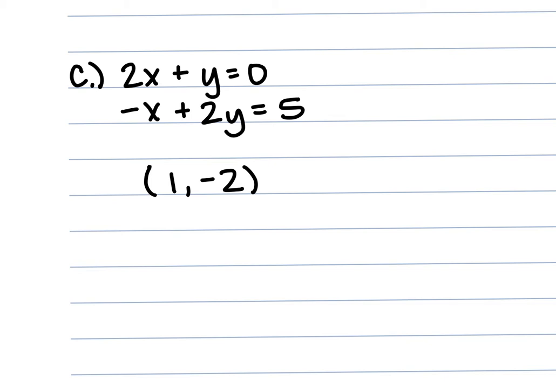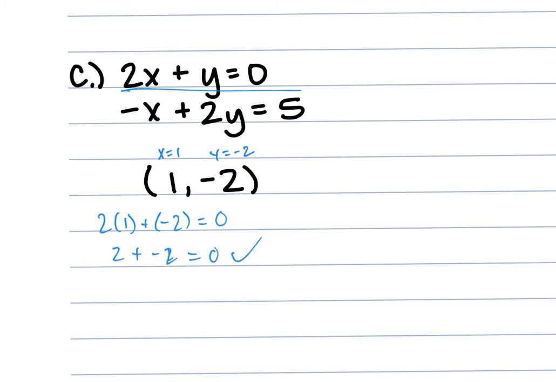What do I do for C? Daniel. You plug in, first you have the x and y, which is 1, negative 2, so you plug in the first one, 2 times 1 is 2, plus y, which is negative 2, so 2 plus negative 2 equals 0. So the first one's correct.